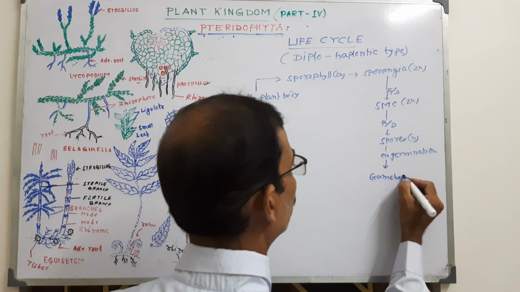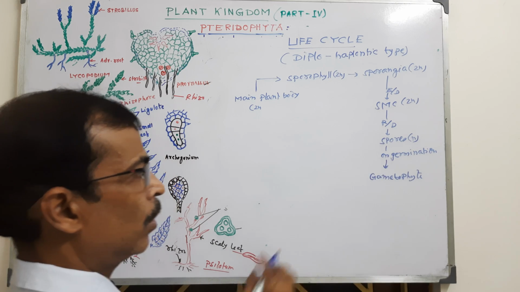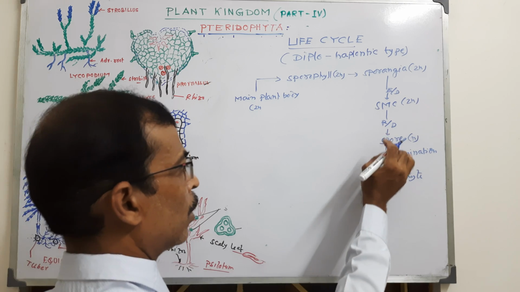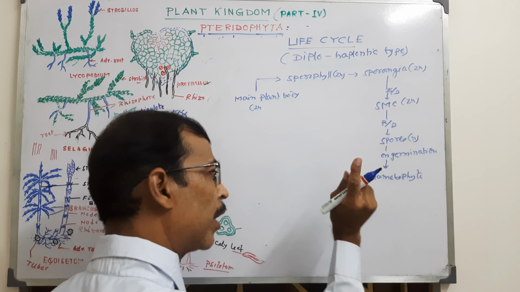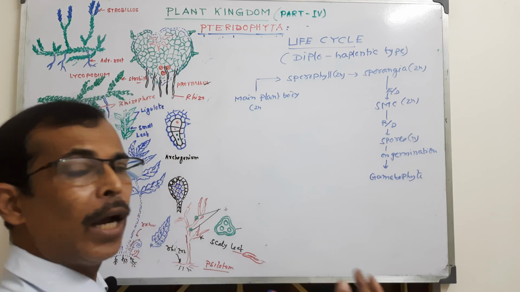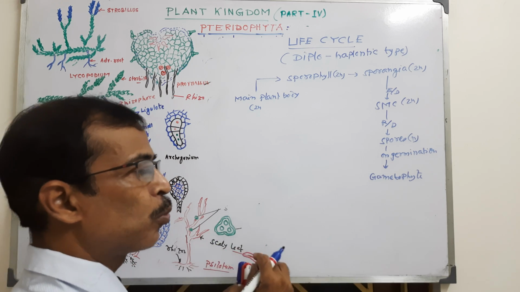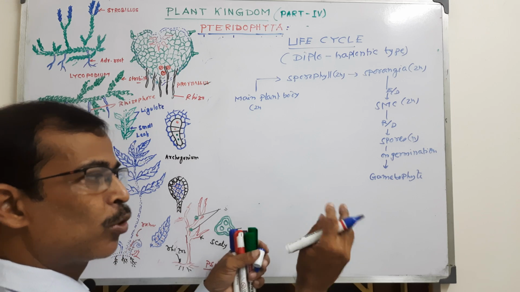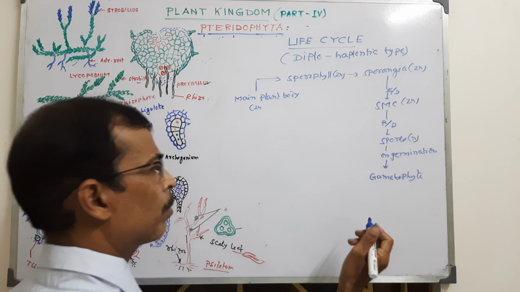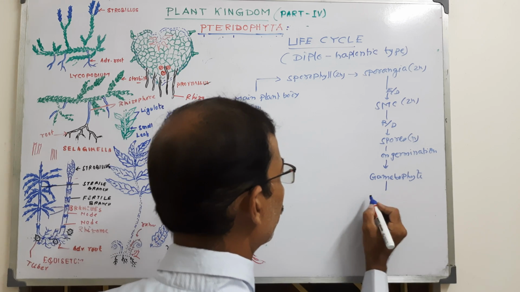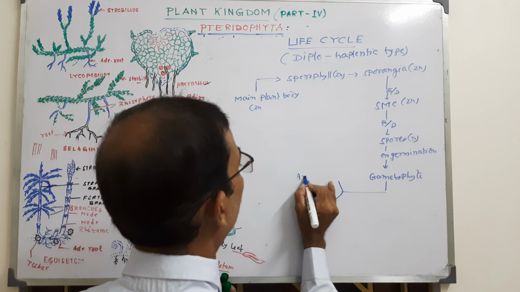This gametophyte may be monoecious or dioecious. In monoecious species, the spore produces a gametophyte that is monoecious, that is, one single gametophyte produces antheridia and archegonia. But if the species is heterosporous, with two types of spores, megaspores produce female gametophyte and microspores produce male gametophyte. Whatever the nature of the gametophyte, it produces two types of sex organs.